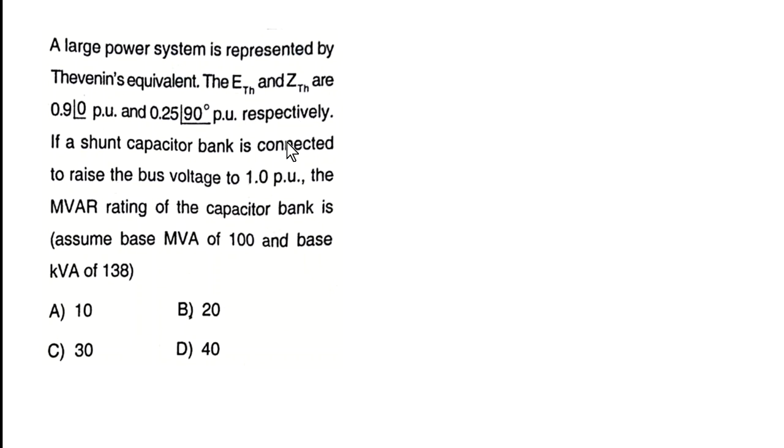So I'll write down the formula here. The change in voltage delta V is equal to, that is the QSH shunt capacitor reactive power divided by V into XL here. Okay, what is the delta V? Delta V is nothing but it is a voltage rise from 0.9 to 1.0. That means delta V is nothing but 0.1. Difference between the 0.9 and 1.0 is 0.1, which is equal to, okay, so here we need to find the value of QSH divided by, it is raising the voltage to 1.0 into XL is what, into 0.25 here.